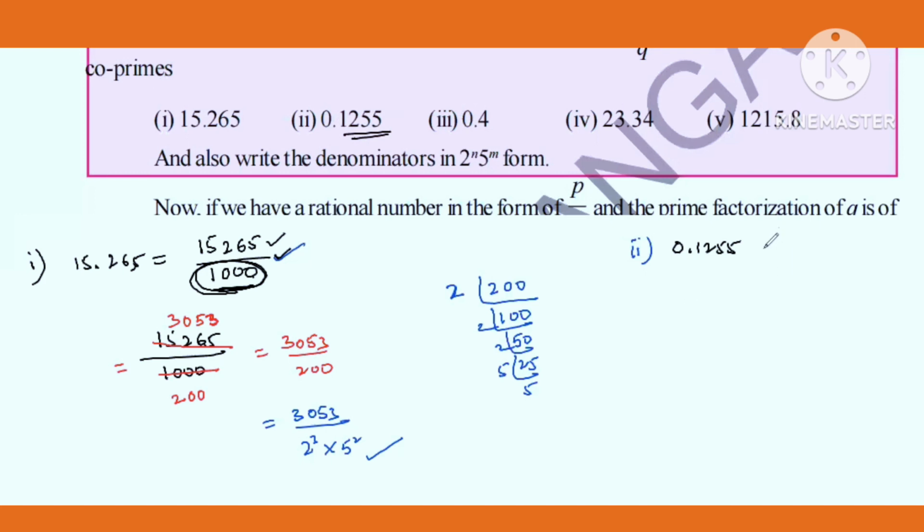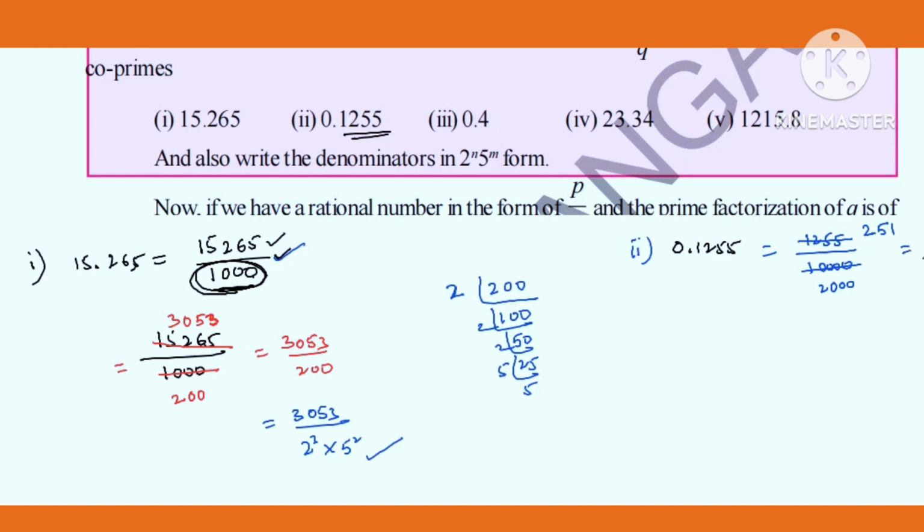So we get 1255 by 10,000. 4 decimal places are there, so we get 10,000. Now we divide with 5. 5 2s are 10, 5 5s are 25, 5 1s are 5, and here 5 2000s. So we got 251 by 2000.